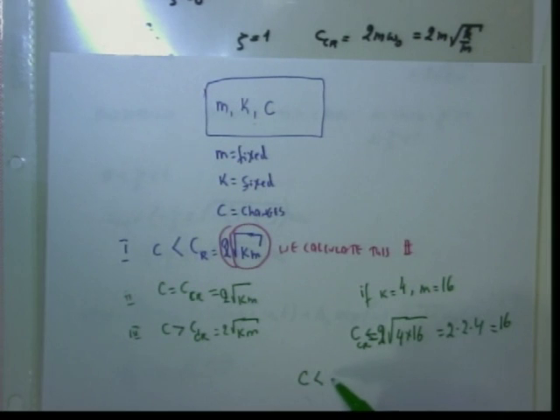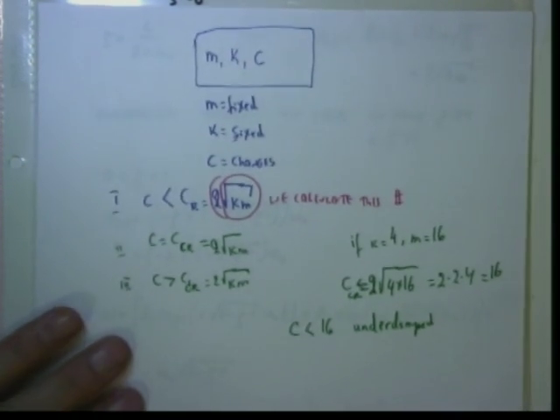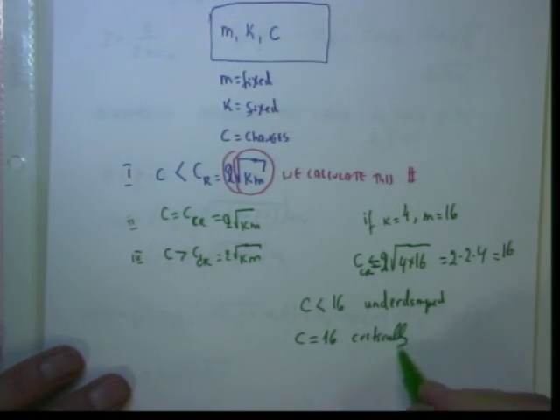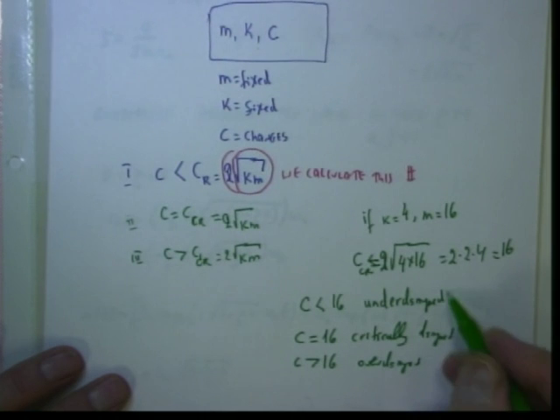So c smaller than 16, underdamped. c equals 16, critically damped. c greater than 16, overdamped system.